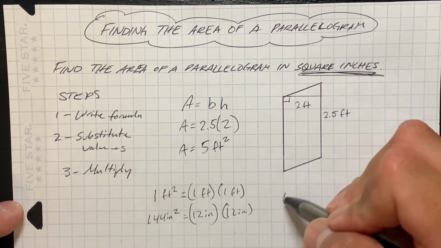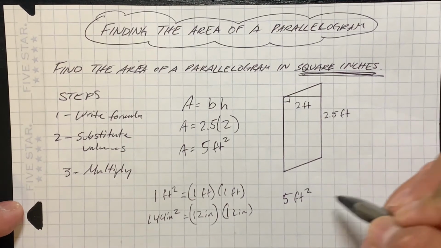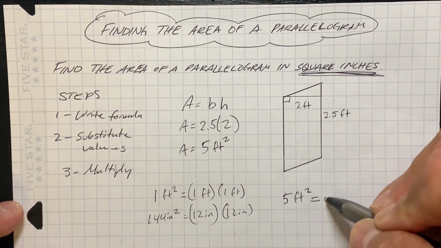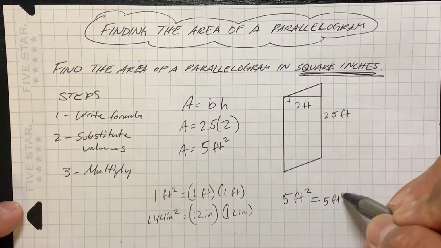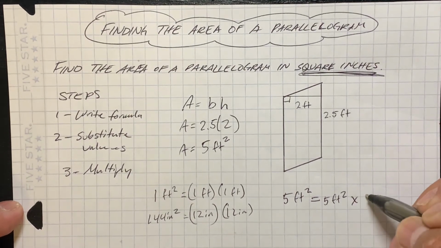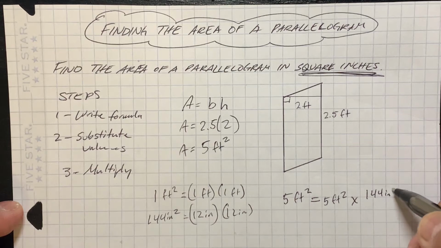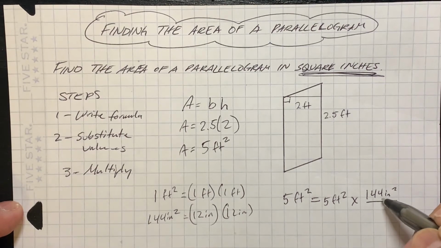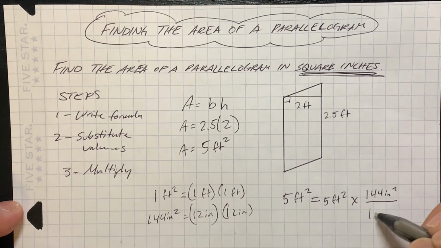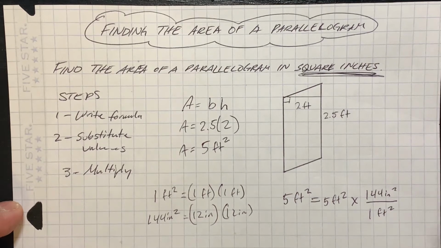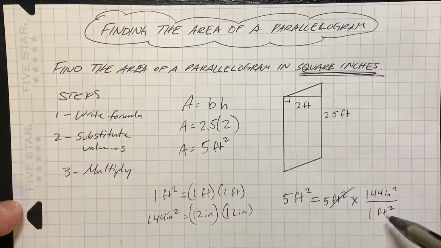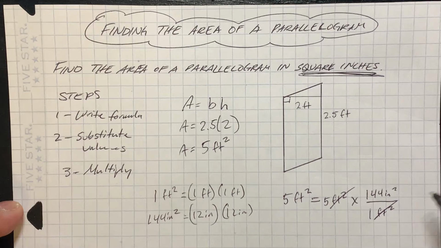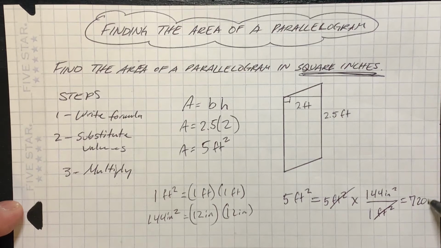Now, if we have 5 feet squared, so we're converting, by the way, that's going to be 5 feet squared. We're going to multiply that by 144 square inches. 144 square inches would be 1 foot squared. Let's see here. So these guys would cancel out. And then we would go ahead and see, that would be multiplying to 720 inches squared.